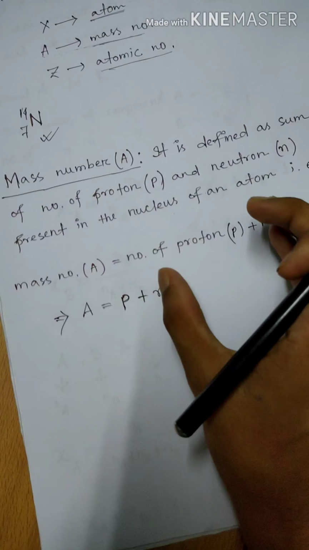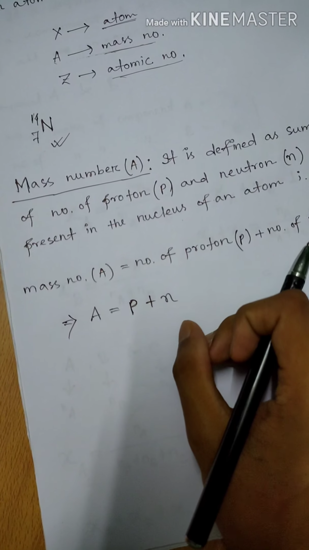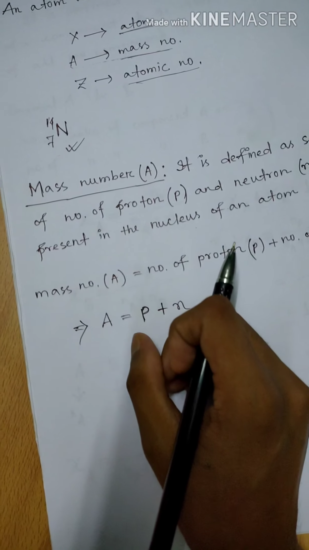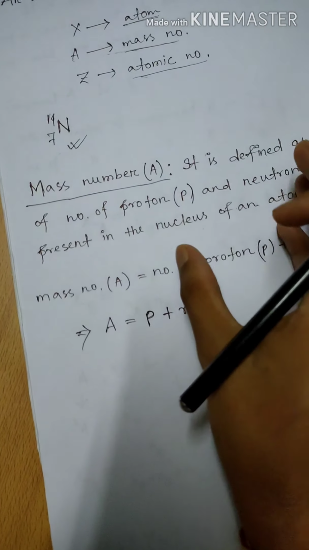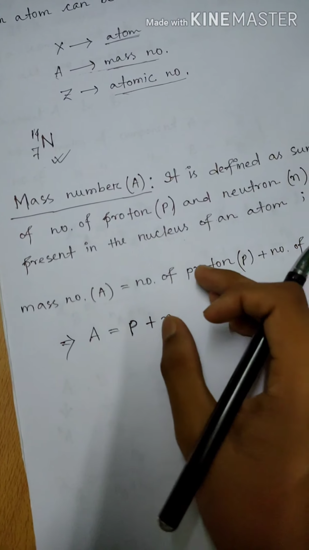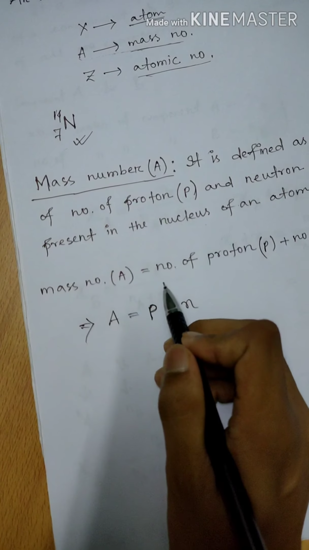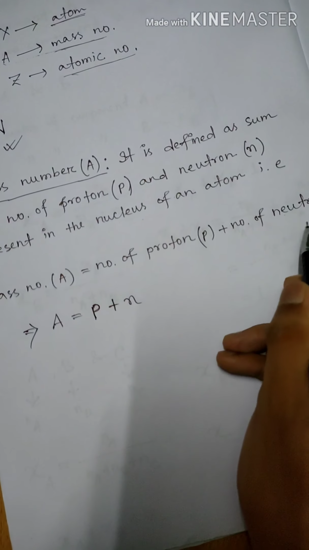Mass number is the sum of the number of protons and the number of neutrons. Means we have to add the number of protons and number of neutrons, then only we shall get the mass number. So mass number is equal to number of protons plus number of neutrons.